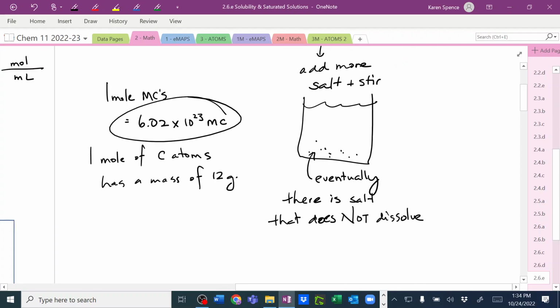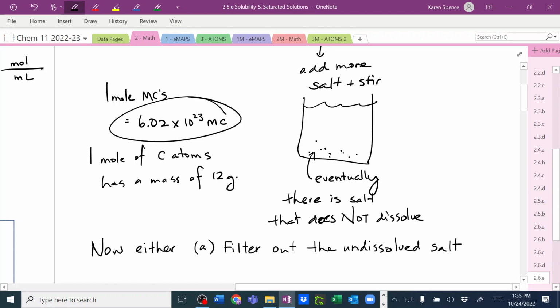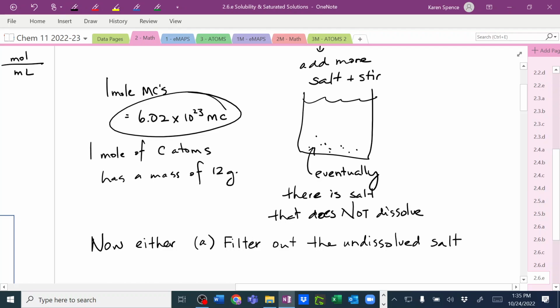So what could we do with this? Because now I want to know how much was dissolved in there. What was that maximum amount that dissolved? I could filter it. Okay, so you're filtering out the undissolved salt.